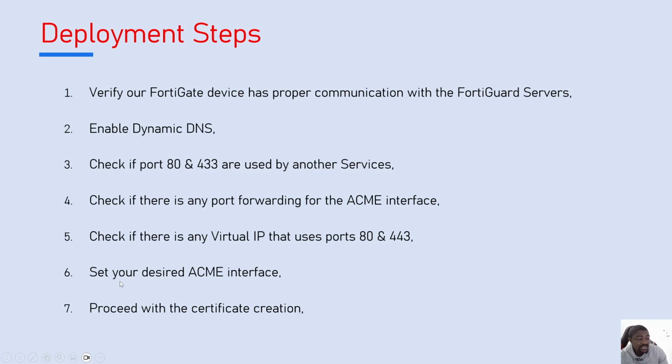You also need to set up the desired ACME interface, meaning from which interface on your FortiGate you want the ACME protocol to communicate. The next step will then be to proceed with the certificate creation. So let's jump directly on the FortiGate device to check this.